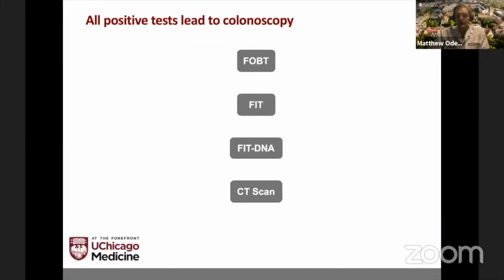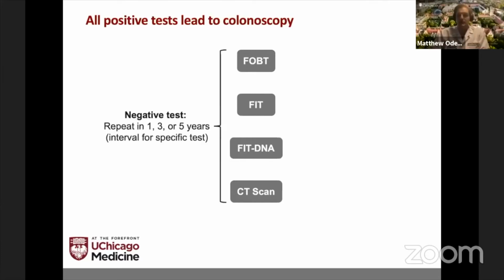So importantly, many patients may want to do a non-invasive test, and that's very understandable, to not want to go through a fairly major invasive procedure just to screen for an asymptomatic disease. But if each of these tests is negative, this fecal occult blood test, FIT DNA, or the CAT scan, you would need to repeat those in 1, 3, or 5 years, depending on which test you're choosing to do.